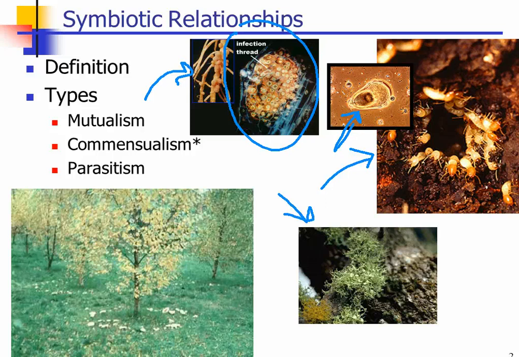Down here at the bottom, you've got a lichen, which is a relationship between a fungus and an algae. And over here is a relationship between a tree and fungi. Down here you see some little white things sprouting out of the ground. These are called fairy rings. They're actually little mushrooms. It's a small picture. The mushroom hyphae intertwine amongst the roots of the tree.